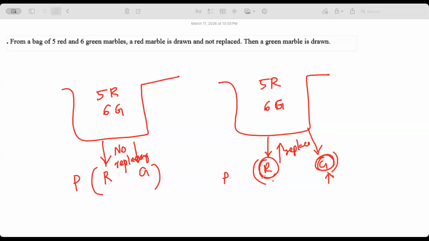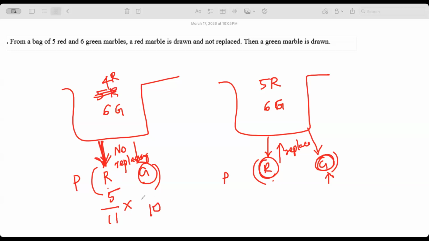Would the first one be dependent? This is dependent because you take out the red. When you take out the red, it becomes 4 red and 6 green, and then you pick out the green because you're not replacing it. So picking the green is really dependent on the red. So what I would do, first 5 reds out of 11 balls. I multiply that with the probability to take green. 1 reduced, right?